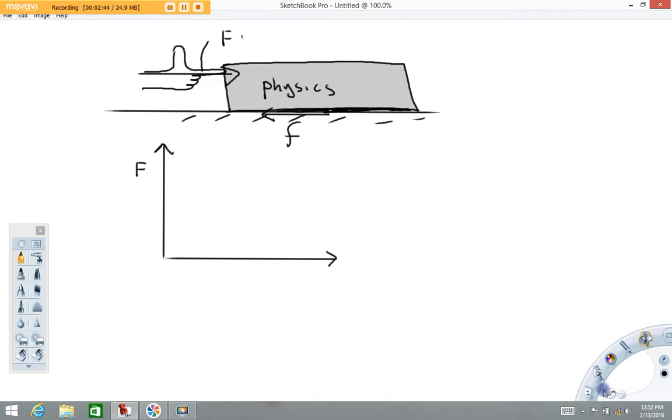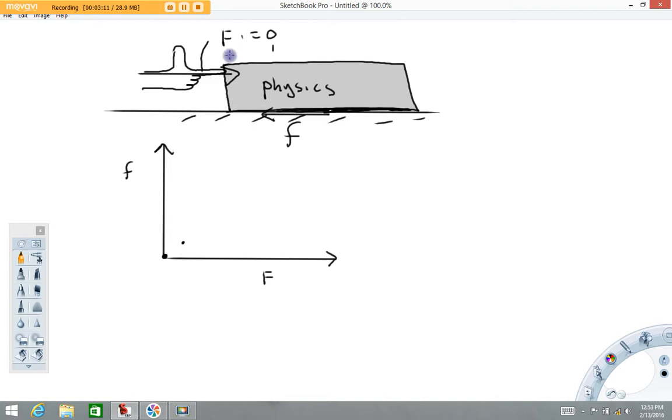So I'm going to draw a little graph now, with the applied force on the horizontal axis and the frictional force on the vertical axis. I'm going to start with 0. If the applied force is 0, the frictional force would be 0, so we'd be here on the graph. If the applied force were 1 Newton, the frictional force would be 1 Newton.